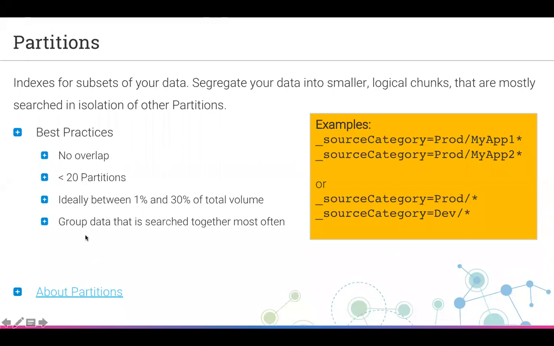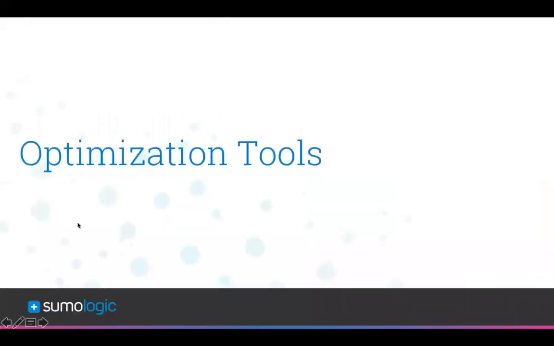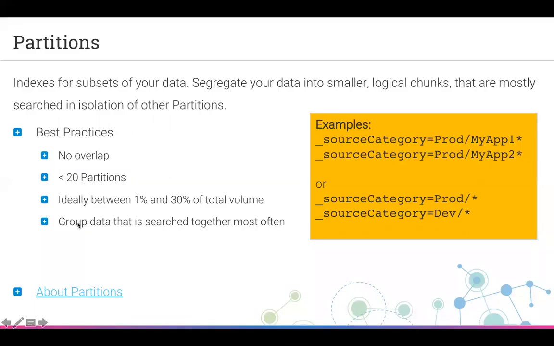All right. And so the last thing I'm going to say is, the key to partitions is that you want to group data that is searched together most often. So if you have team A and team B and team C who are using your environment, and those teams very rarely search data across the other teams, then that's a great way to partition your data, right?